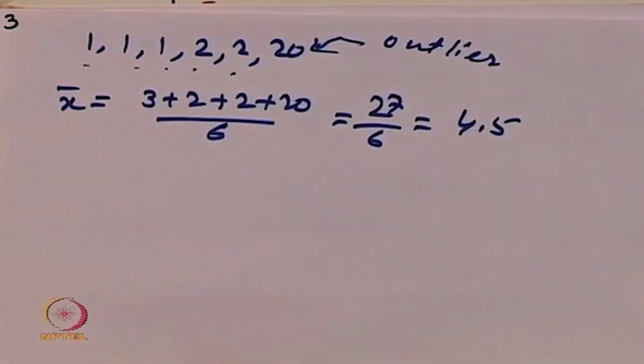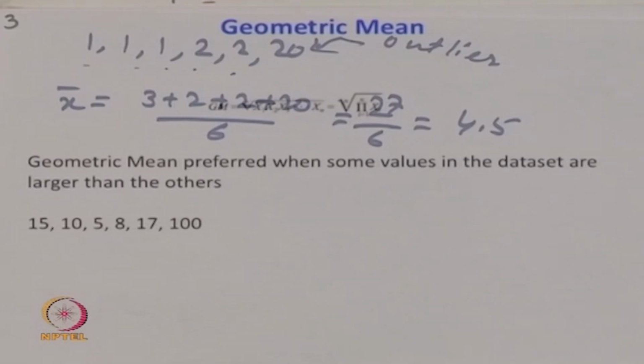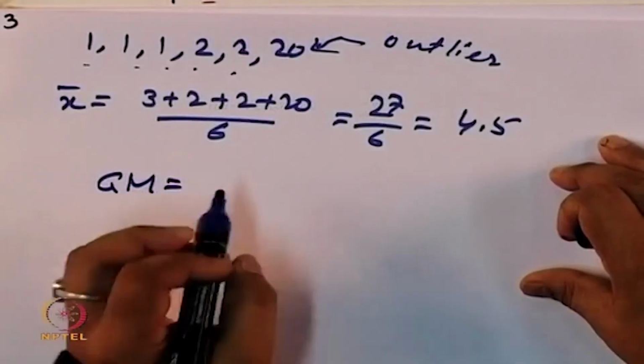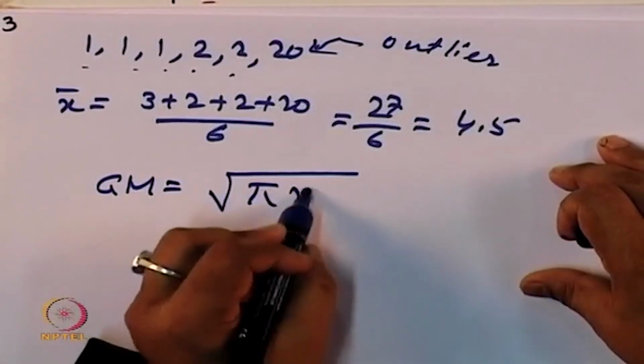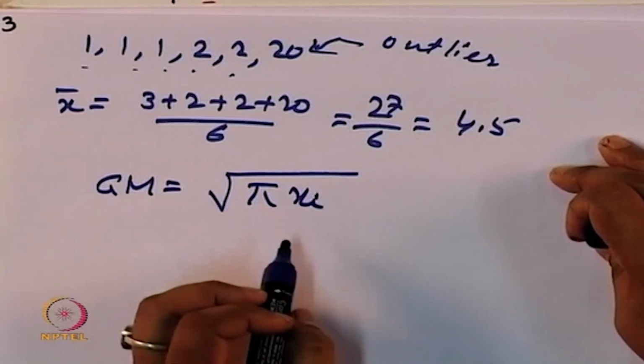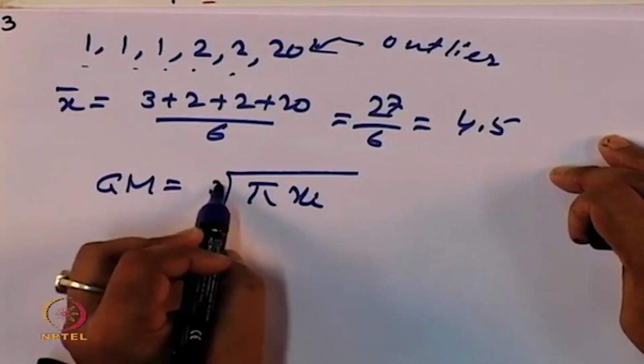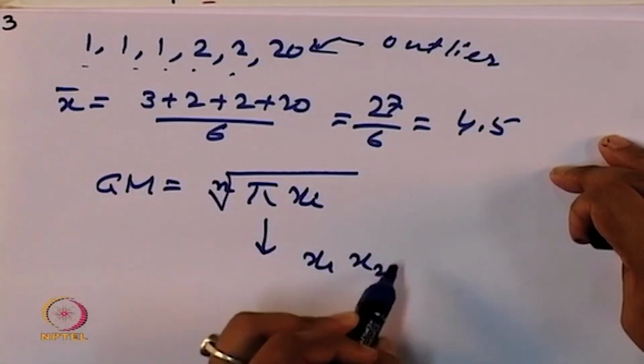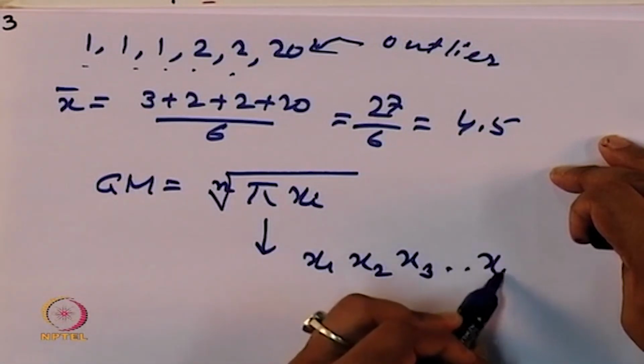So, one of the alternatives to arithmetic mean is the concept of geometric mean. Geometric mean is nothing but the nth root of the product of xi. Product of xi means x1 dot x2 dot x3 dot dot dot xn. Okay.